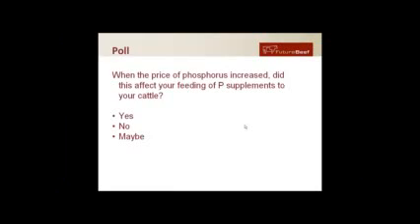Okay, well that's really interesting, and I hope that some of these economics will convince you that there is a return to feeding phosphorus even when the prices are quite high.